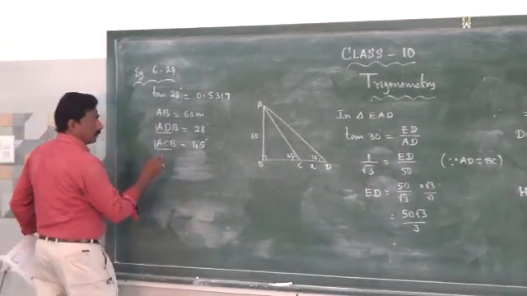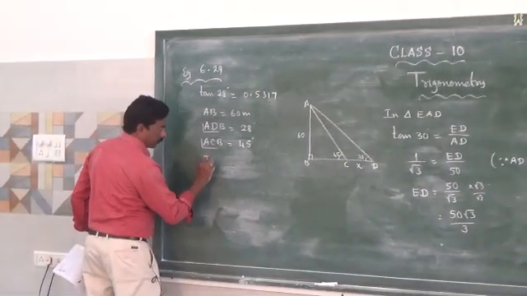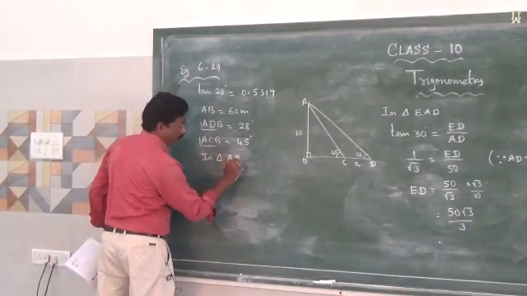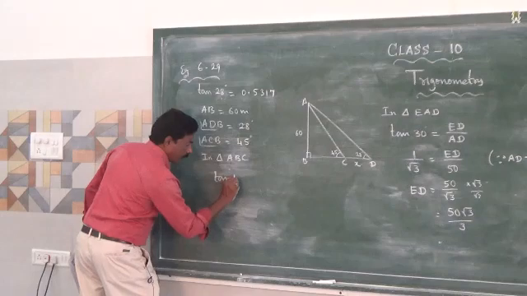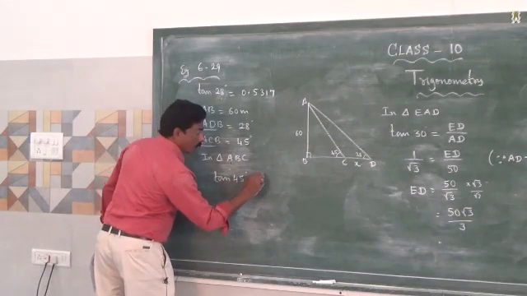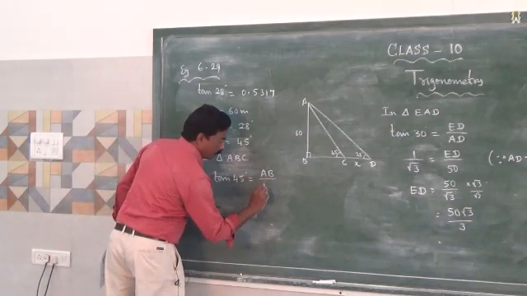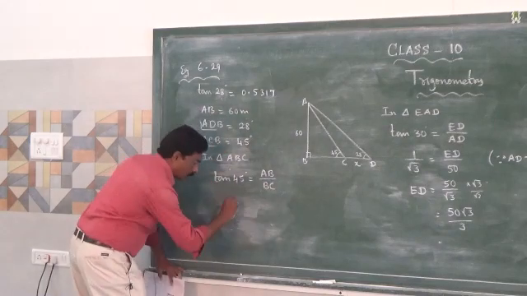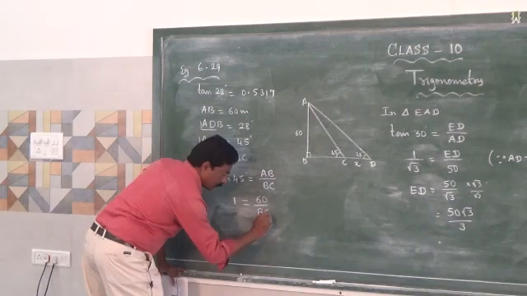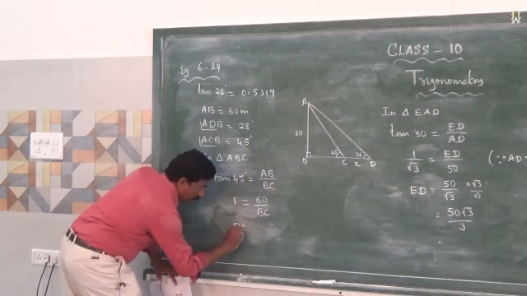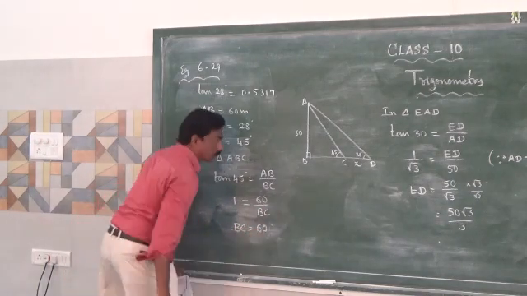If we take triangle ABC, tan 45 is easy to find. Tan 45 is equal to opposite AB by BC. Tan 45 is 1, AB is 60 by BC, so BC is equal to 60.